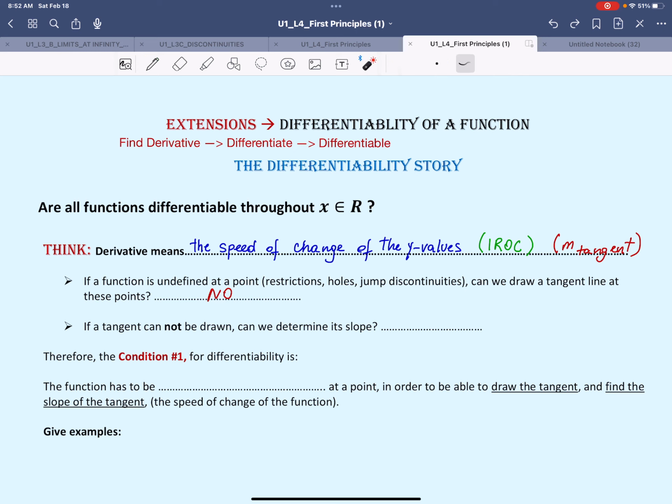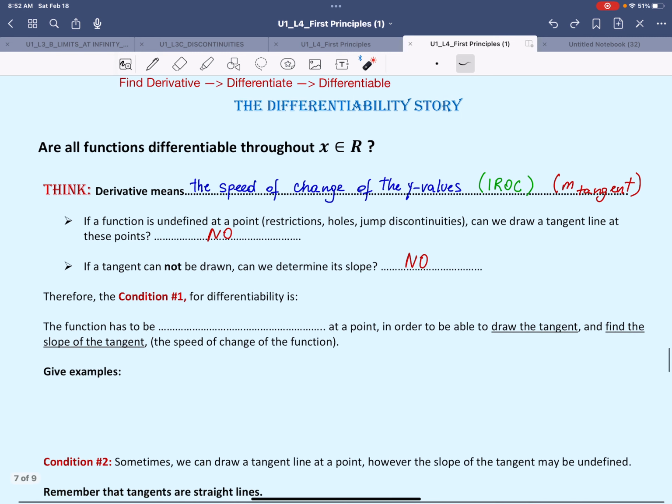And obviously, if we cannot draw the tangent line, then we cannot measure the slope of a tangent that doesn't exist. Therefore, condition 1 for differentiability is that the function is continuous at a point, in order to be able to draw the tangent, find the slope of the tangent, and thus the derivative of the function.